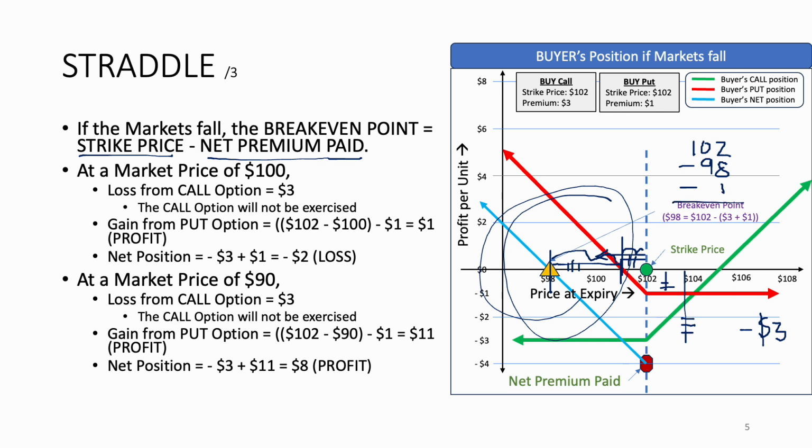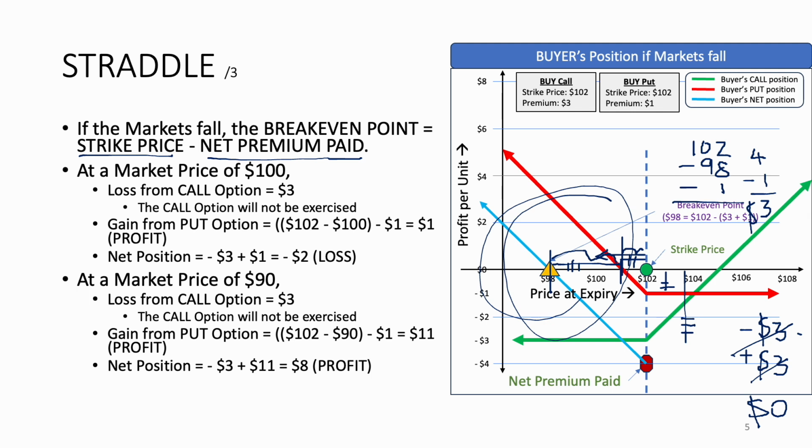So the profit we generate is $4, minus $1, which is equivalent to $3. So we have a profit of $3 and a loss of $3. This negates each other and we have $0 as our net position. So you see that at $98, when the market has fallen in our example, we break even.